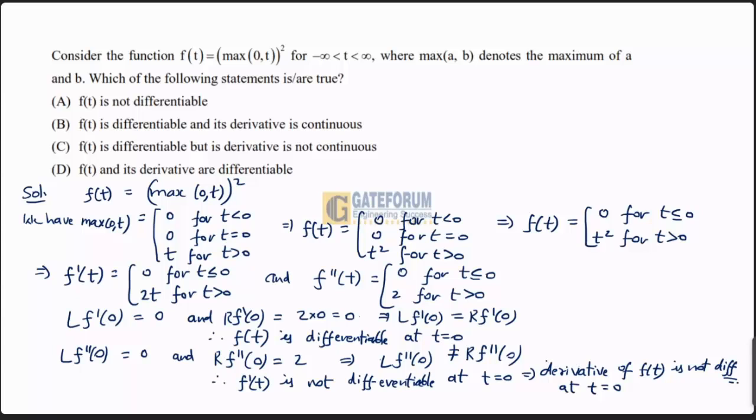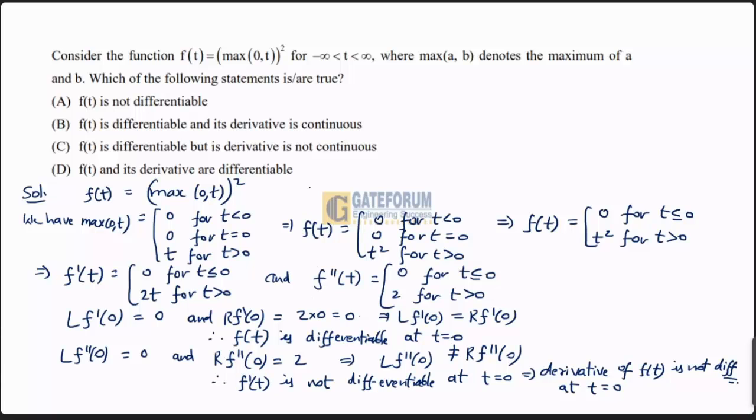Here we have already shown f of t is differentiable.